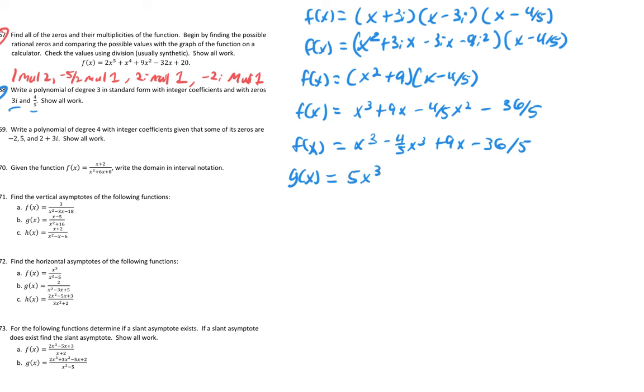So 5x cubed minus 4x squared plus 45x minus 36.